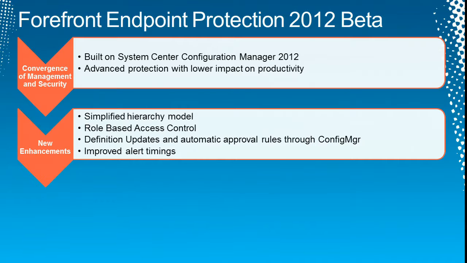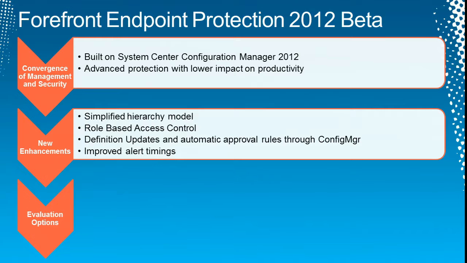The last one is improved alert timings, which is that FEP now gets a high-speed channel that is dedicated to getting information out of the FEP client to the Configuration Manager server. That quickens the information that we get from the FEP client and gives you alerts as well as reports in better time than is supported today.